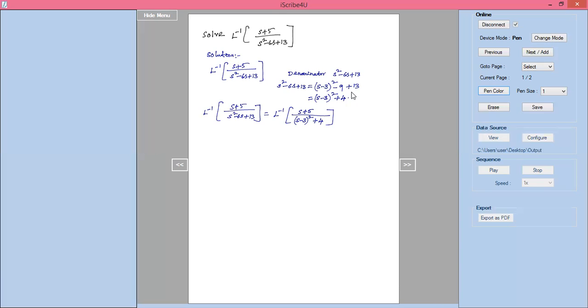I already simplified s square minus 6s plus 13 and have written it like this.